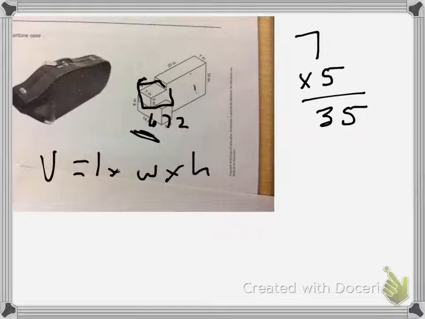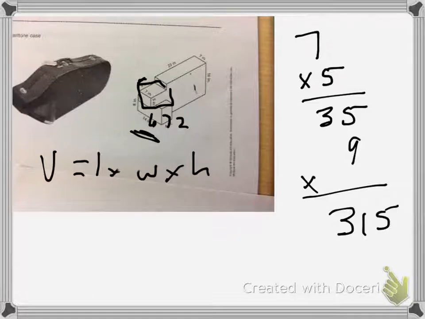Then 35 times 9 equals 315. So our very small case is 315.